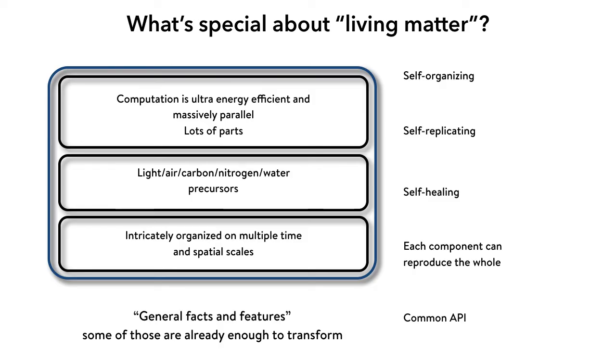But in addition to those characteristics, you have even more amazing properties, the amazing properties to self-organize or self-replicate, each component to reproduce the whole, to heal yourself, and so forth. What's really important to the latter category of capabilities are exponentials.